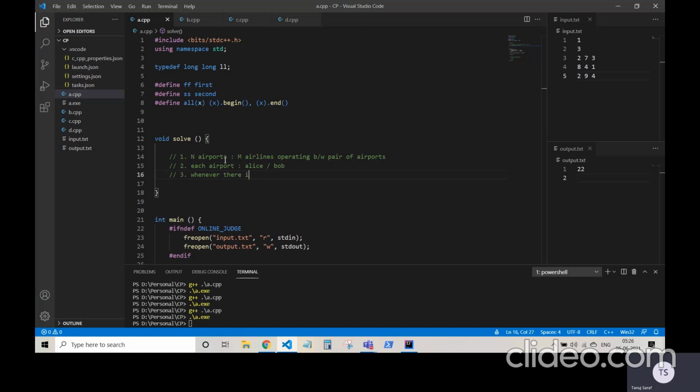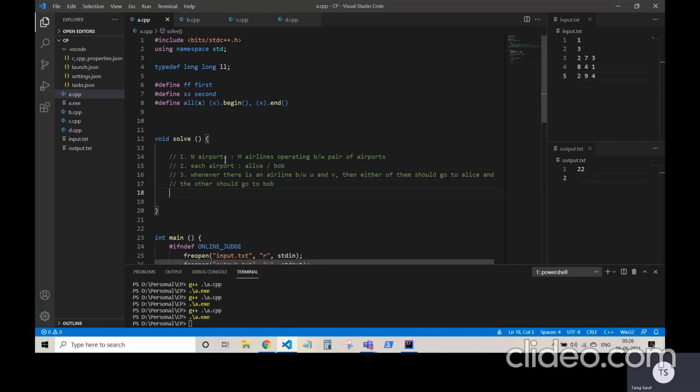Whenever there is an airline between airports U and V, then either of them should go to Alice and the other should go to Bob.